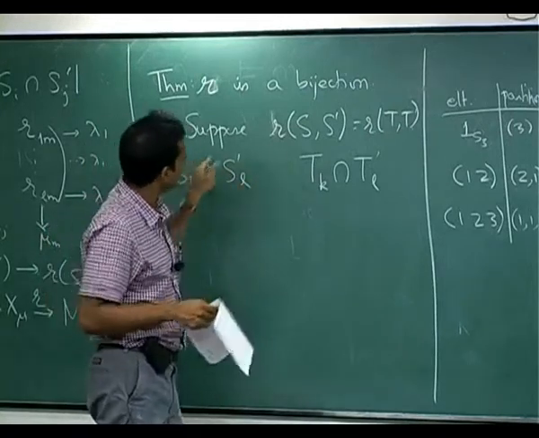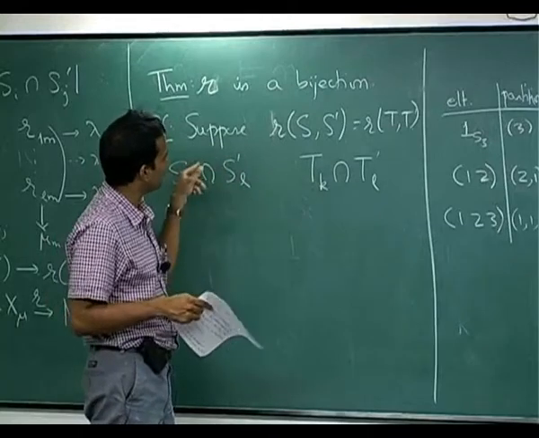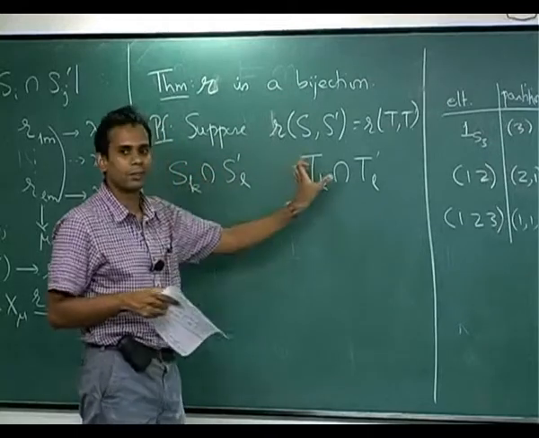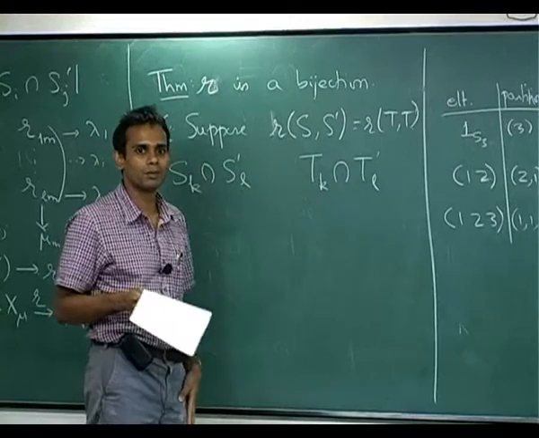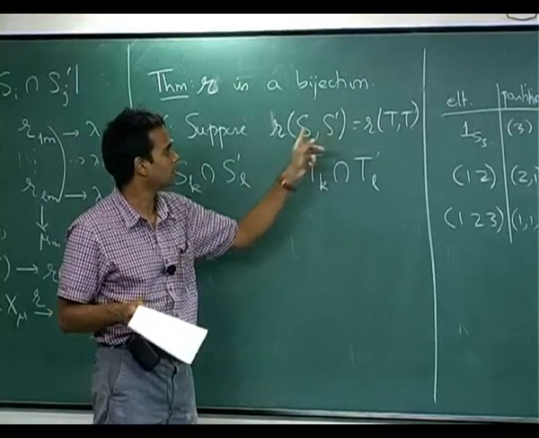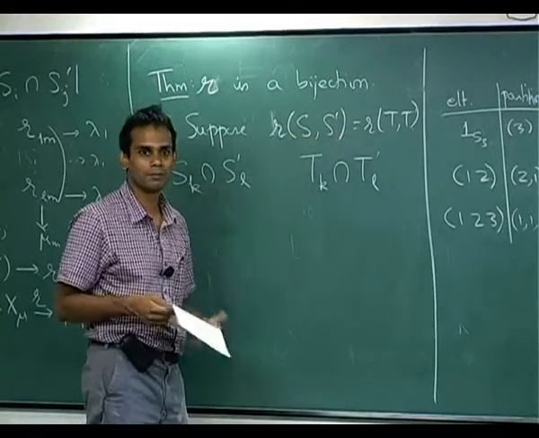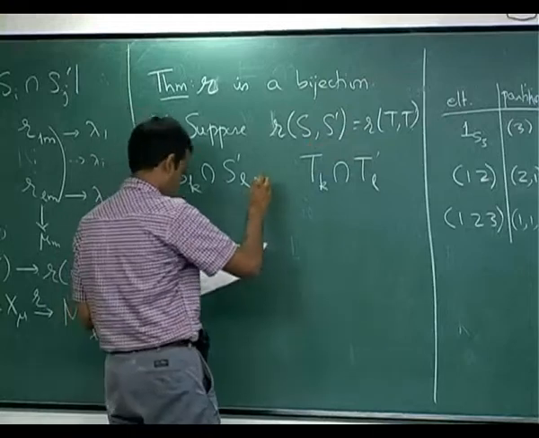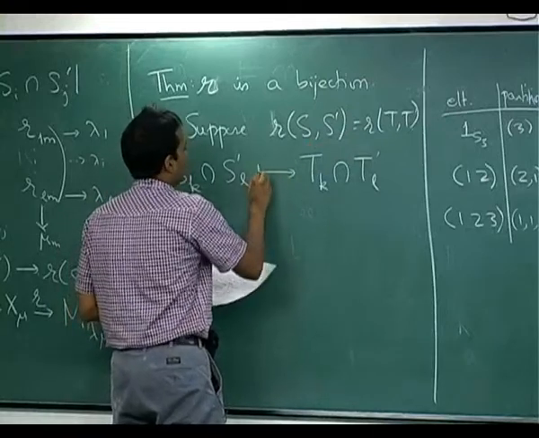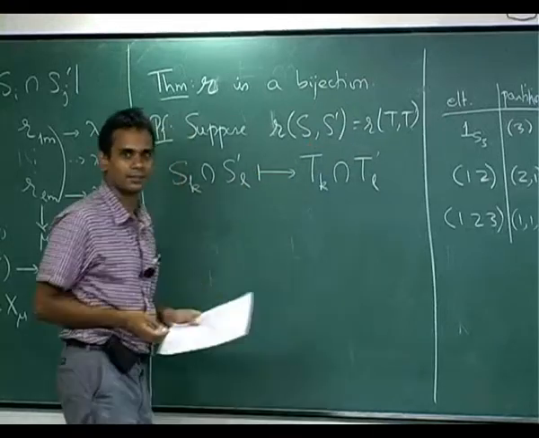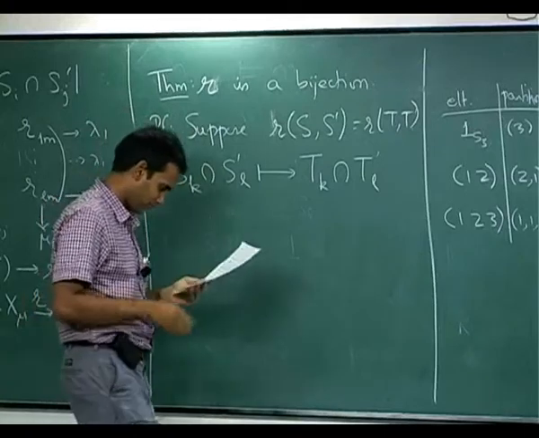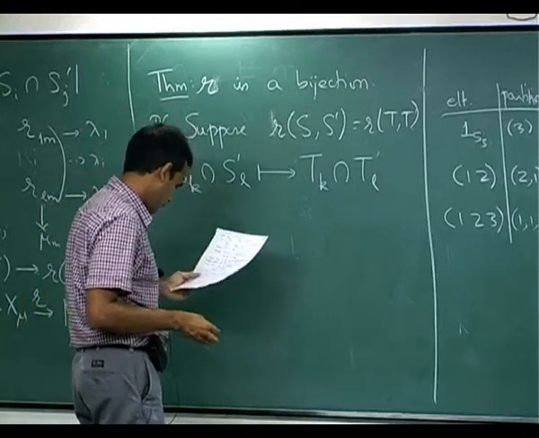So you just find a permutation which takes each of these parts to each of these parts, and that will give you a permutation which takes S to T and S prime to T prime. That's the only point.